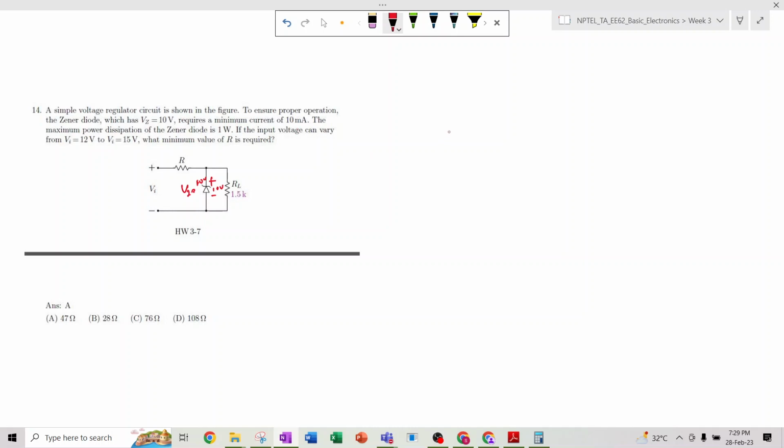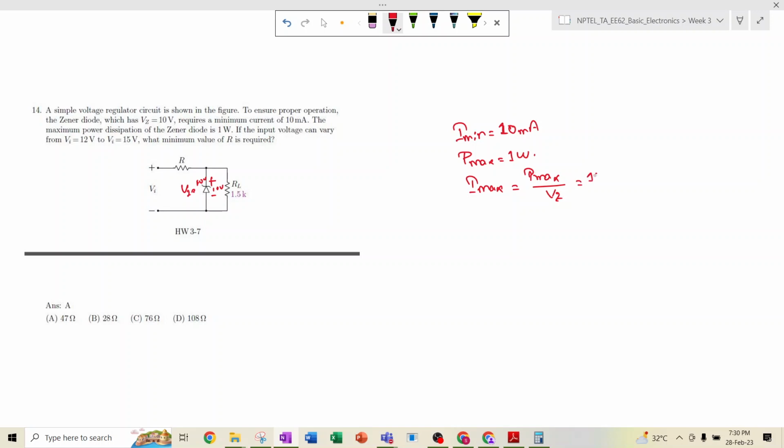That means whenever the Zener diode is on, the current flowing through the Zener diode should be greater than 10 milliampere, and the maximum power dissipation of the Zener diode, P max, is 1 watt. So the maximum current across the Zener diode will be P max divided by the voltage across the Zener diode, P equal to V into I, right?